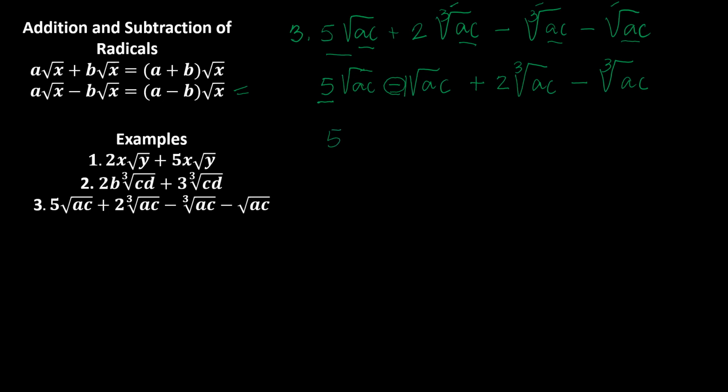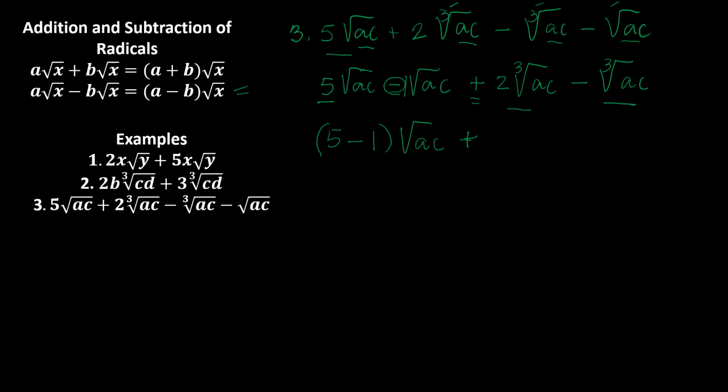So, 5 minus 1. Ayan. Then, copy lang natin yung common radical na square root of AC. And then, add natin kasi addition yung operation dito. Add natin sa difference naman nitong dalawang radicals.